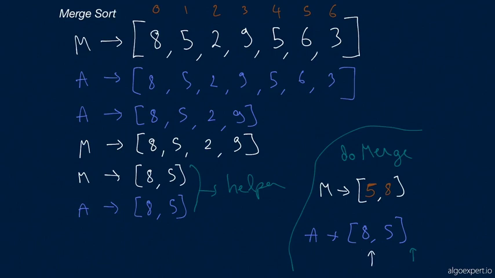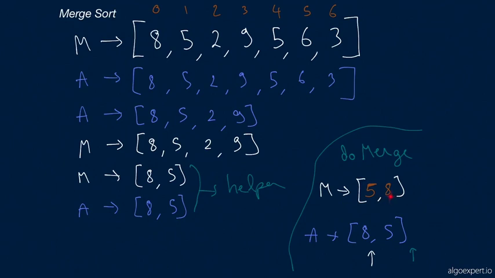So what did this doMerge method do? It merged values that were in sorted order and they're in individual arrays in the auxiliary array into sorted order into a bigger subarray in the main array. So we got 5, 8 here.